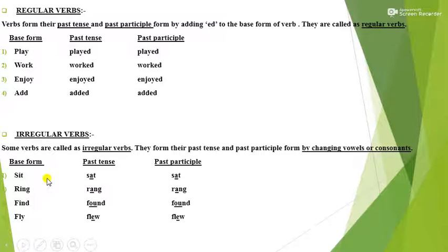Here you can see the base form spelling is S-I-T, but when we form past tense it becomes S-A-T. So there is a change in the vowels. Second example, ring, rang, rang. Third, find, found, found. Fourth, fly, flew, flew.